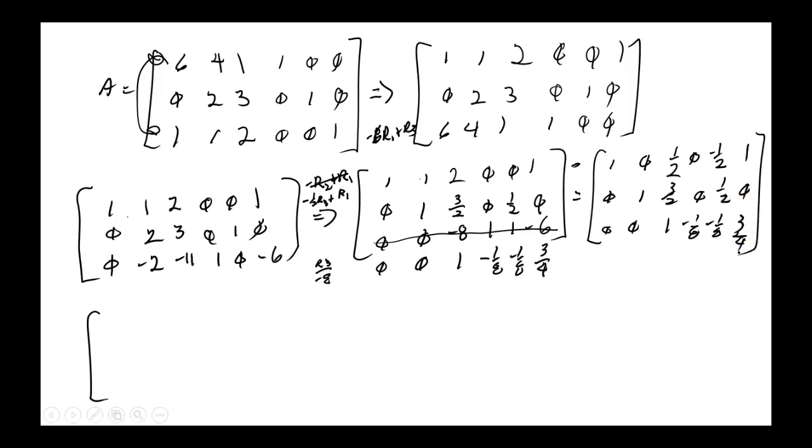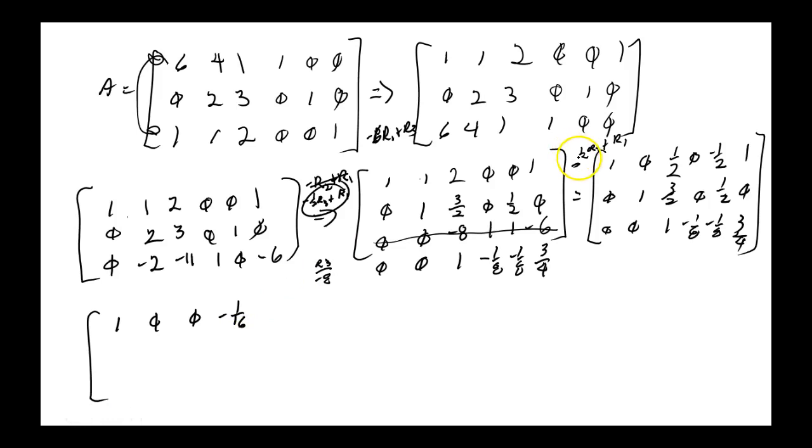Okay. Now, this thing happens right here. Negative 1/2 row 3 plus row 1. Okay. So this becomes a 1, 0, 0. Okay. Negative 1/2 times negative 1/8 is negative 1/16 plus 0 is negative 1/16.